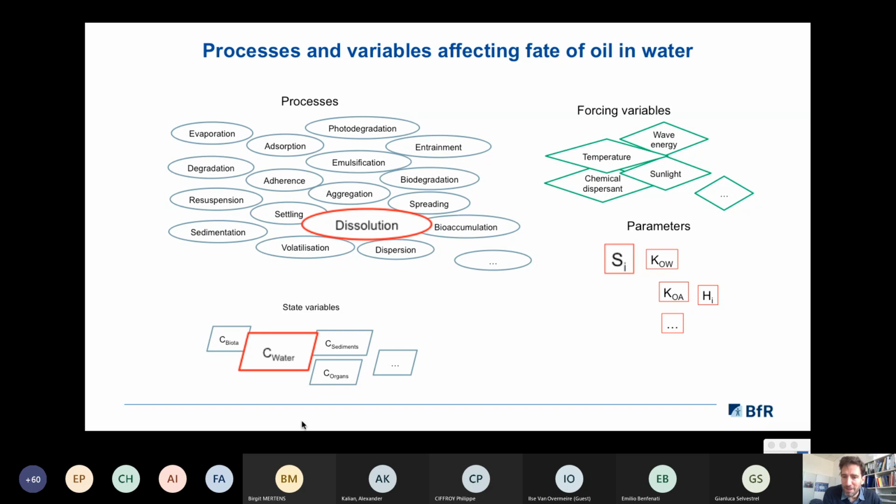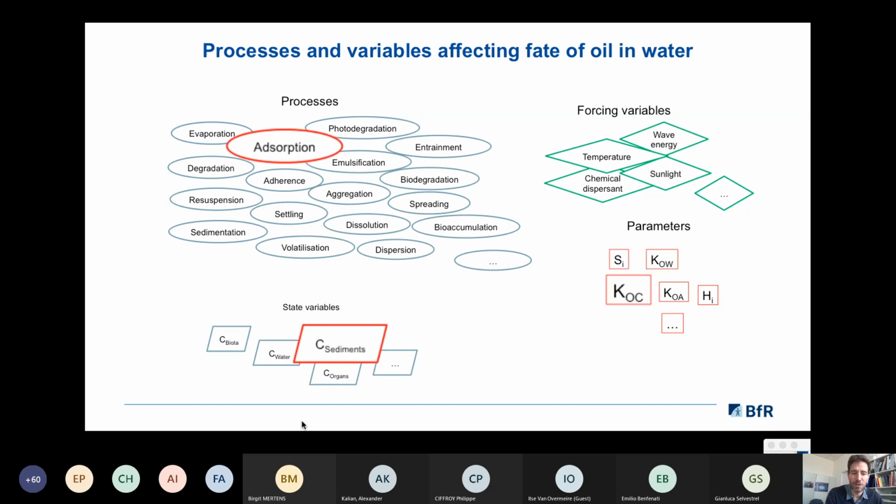The SE is the solubility of the compound, and the state variable in the end is the concentration of this compound in the water. And in another case, for example, if we look at the adsorption, this is how the compounds bind to sediment organic matter, and there the parameter which is most important is the KOC, so the distribution coefficient between the organic carbon and the water phase.